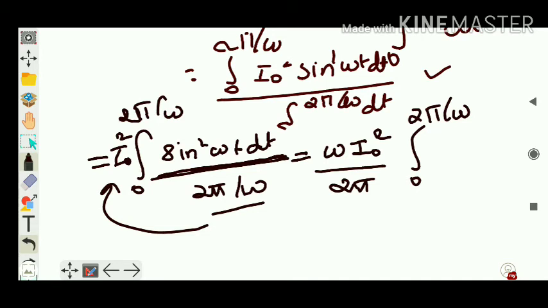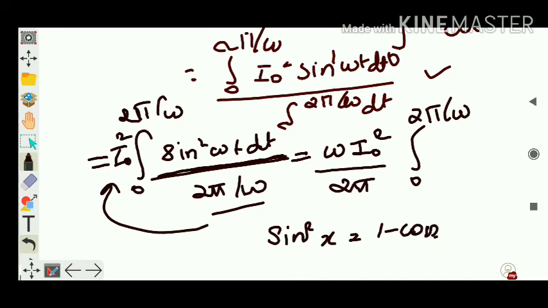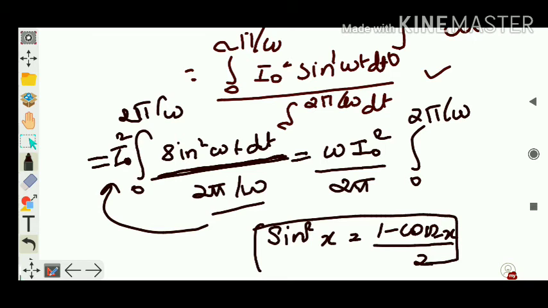Some of you might remember this from trigonometry, but some of you won't, and some of you are purely biology, so you might not know this. There is a relationship between sine squared x and cos: sine squared x is equal to 1 minus cos 2x by 2.